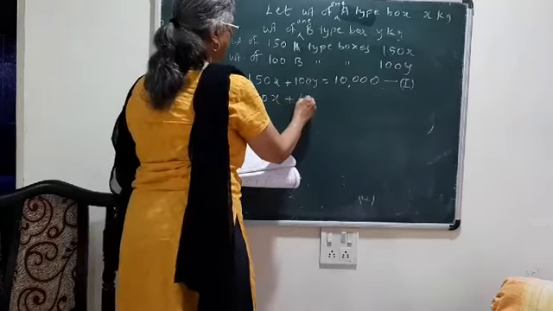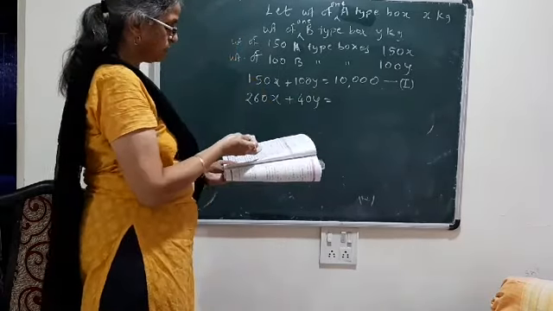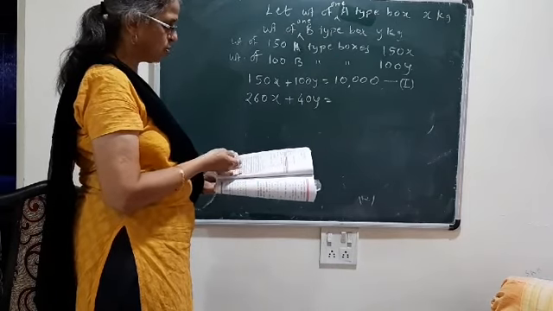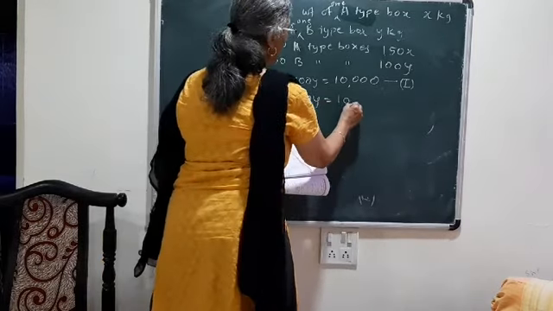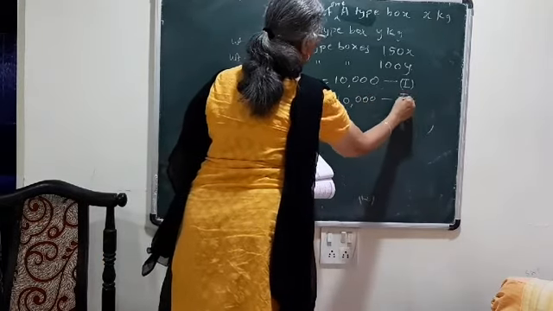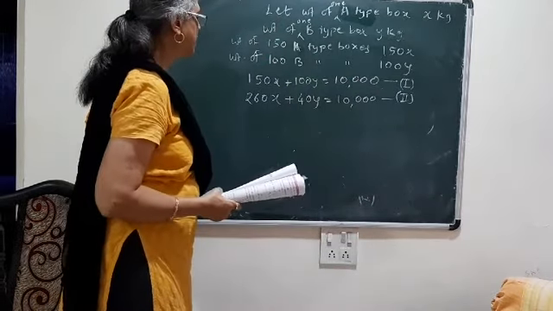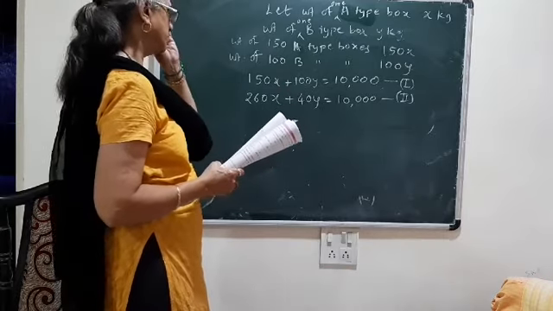So when we have 40 boxes of B type, their weight will be 40y, so that it is also fully loaded. Full loading means how much weight? 10 tons. So again the equation will be second one, that is 260x plus 40y is equal to 10,000. That will be the second equation.